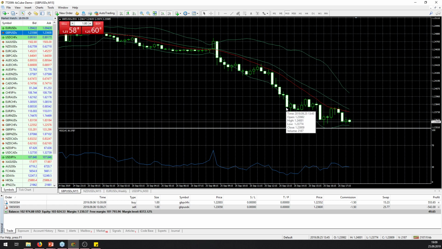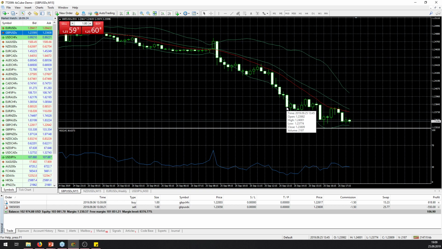You can see the time that it's opened. I'm on a 15-minute chart time frame, and you can see the open was 1.2398. The high of this candlestick was 1.2400.